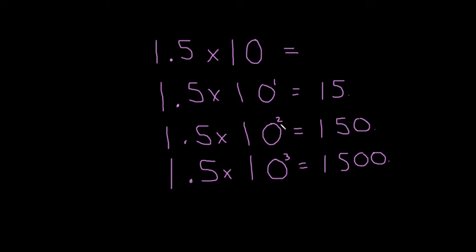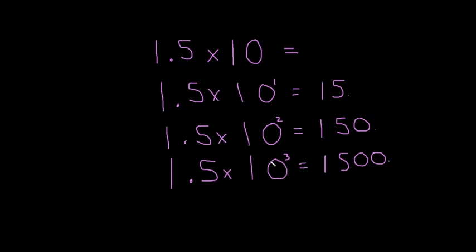Now, if you look at 10 squared, what does 10 squared equal? It equals 100. If you multiply 1.5 times 100, you're going to get 150. If you multiply 1.5 times 10, because 10 to the first power is 10, you're going to get 15. If you multiply 1.5 times 10 to the power 3, or 10 cubed, that'd be 10 times 10 times 10.